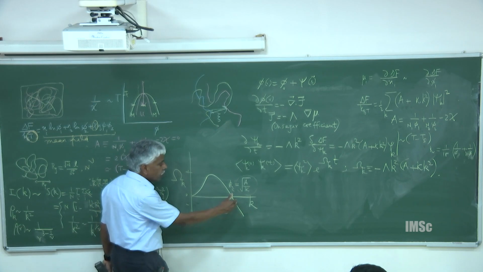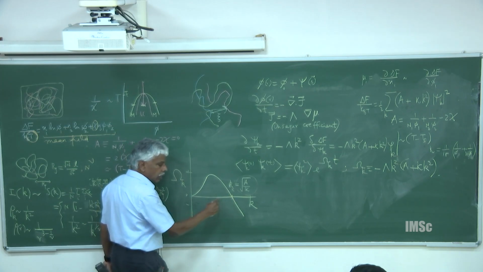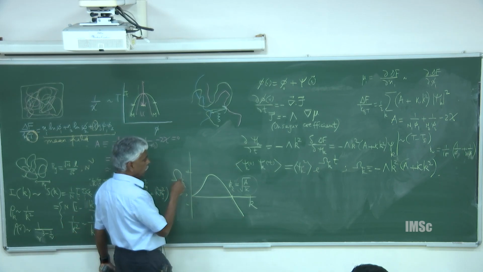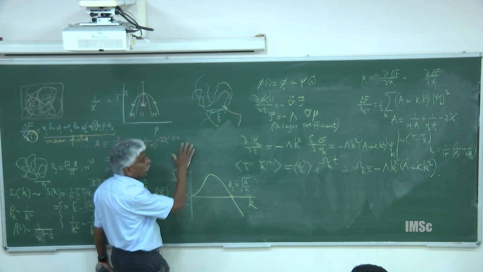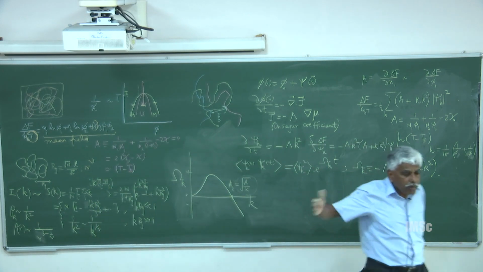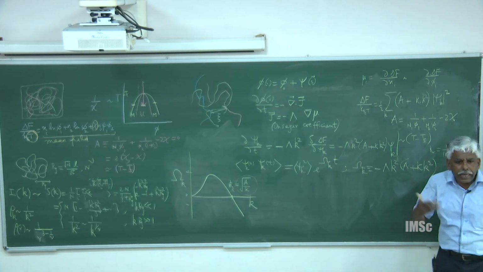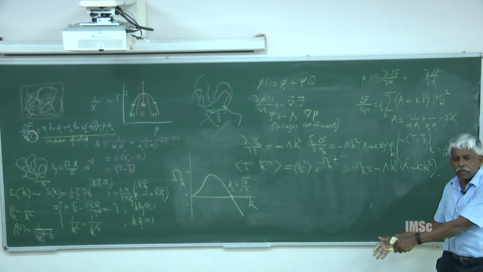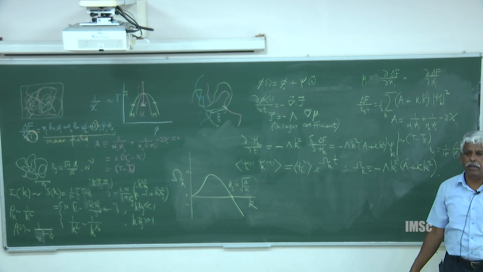But on the other hand, for smaller k, less than this value of Kc, that means large fluctuations, they are going to grow. That is positive. So, according to this description, which is the correct description, large wavelength fluctuations are cannibalizing smaller wavelength fluctuations. The long fluctuations are growing with a positive rate, and the small wavelength fluctuations are decaying.